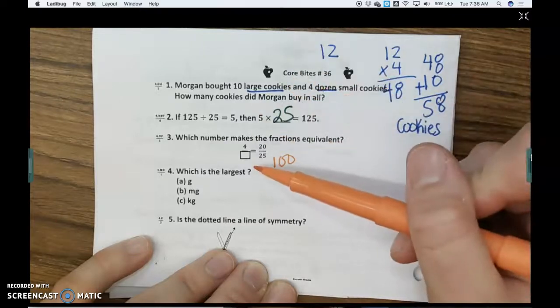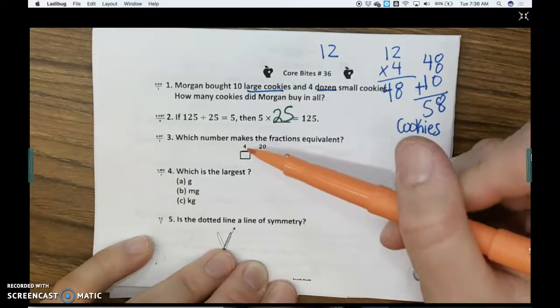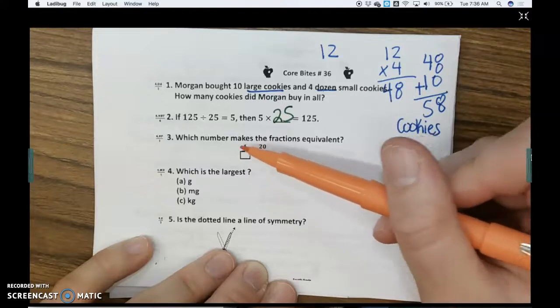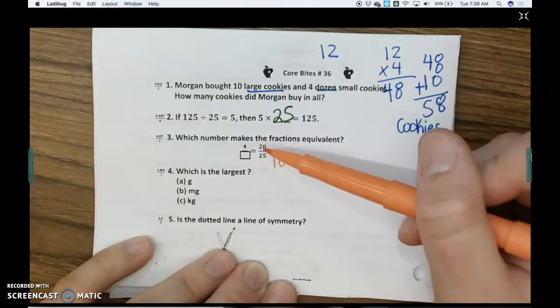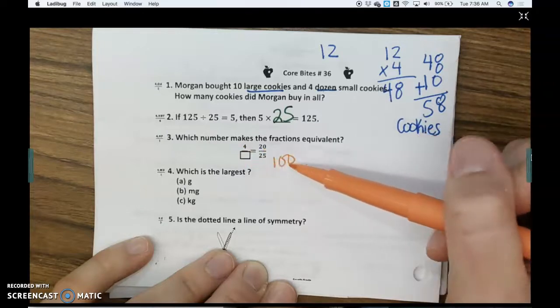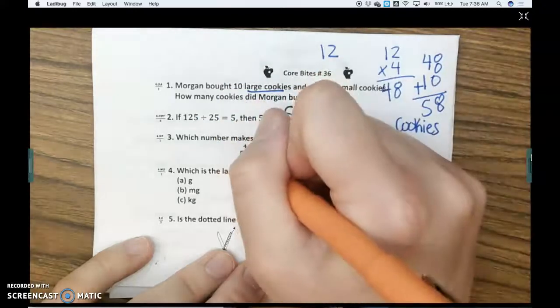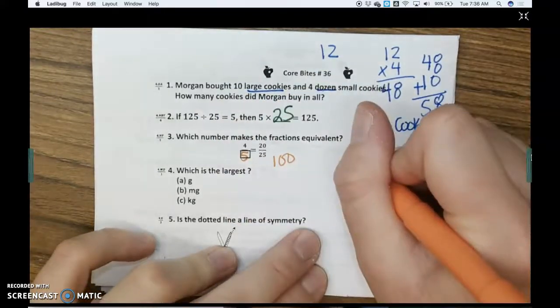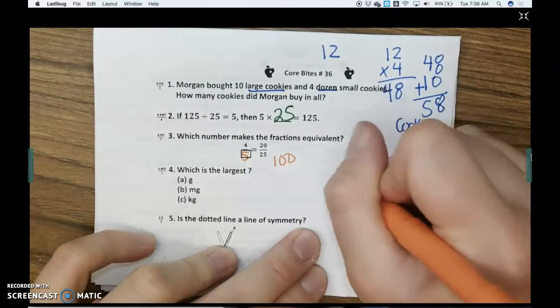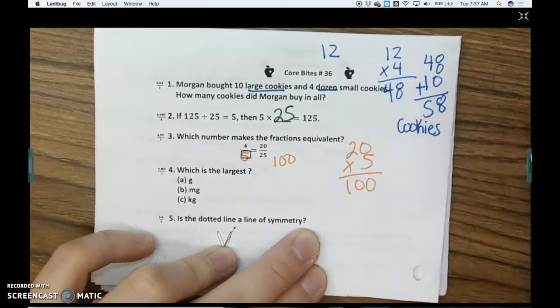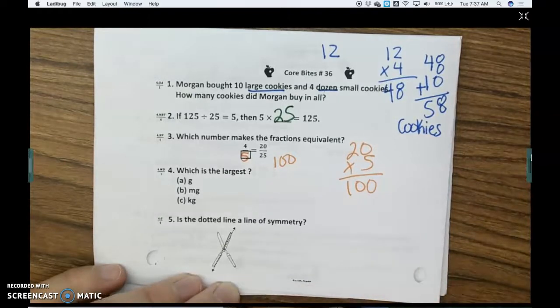It's going to have to be a number bigger than 4 because 4 times 25 is 100. So 20 times something is going to give you 100. So this is smaller, right? So the answer is going to be 5 because 20 times 5, 5 times 0 is 0, 5 times 2 is 10, gives you that 100. So the answer is 5.